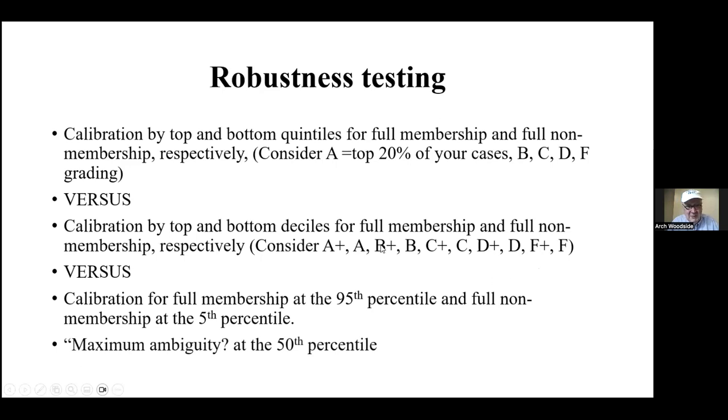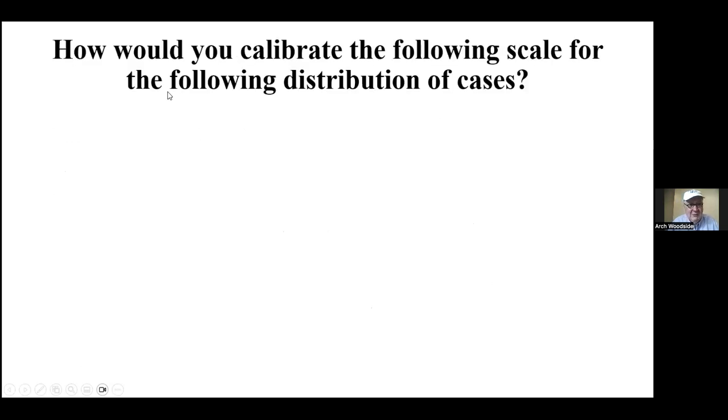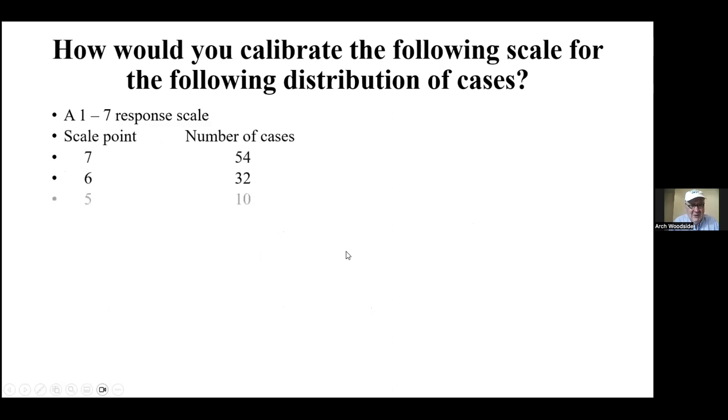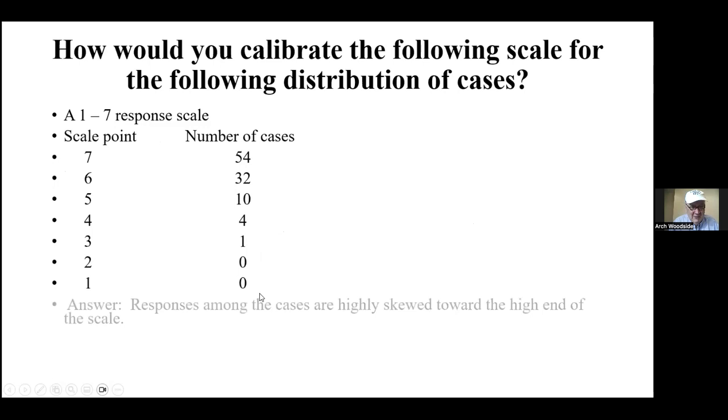I want to ask you a question. How would you calibrate the following distribution of cases? Say you had this distribution of cases here, where people say they were employees in a firm and they were being rated on the quality of communication by managers to employees in the firm. 54 said it's excellent, 7. 32 said it was 6, very good.